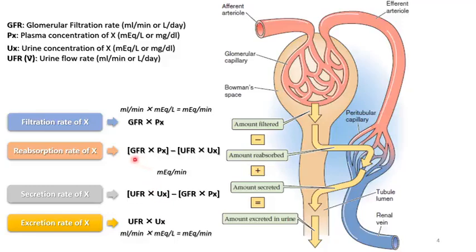The amount of reabsorption or secretion determines the final excretion rate of a given substance. For many substances, they are mainly reabsorbed, so the amount that is excreted will be smaller than the amount filtered.